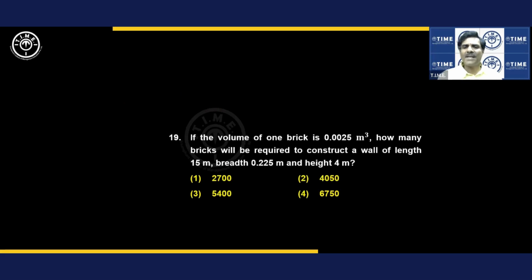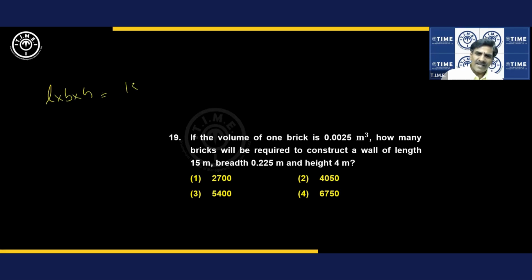If the volume of one brick is 0.0025 cubic meters, how many bricks will be required to construct a wall of length 15 meters, breadth 0.225 meters, and height 4 meters? That's what we are looking at. We know the volume of the wall is length into breadth into height.